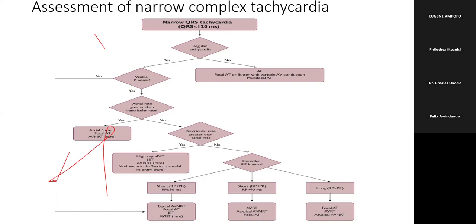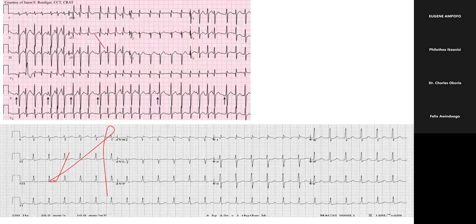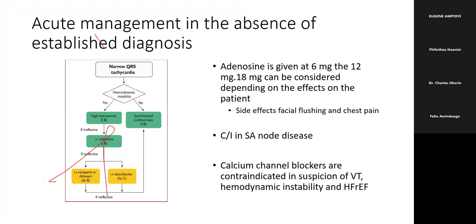So the ECG shows the typical atrial tachycardia with narrow QRS complex. And the second one, we have multifocal atrial tachycardia with different P wave morphology. And the second ECG. Then the acute management in the absence of an established diagnosis for narrow complex tachycardia. We will consider, first of all, is this patient hemodynamically stable or is the patient unstable?